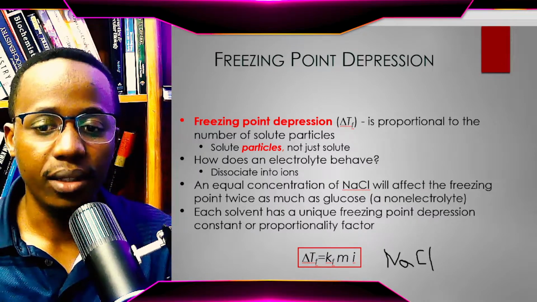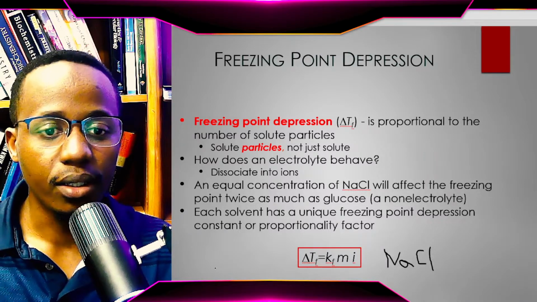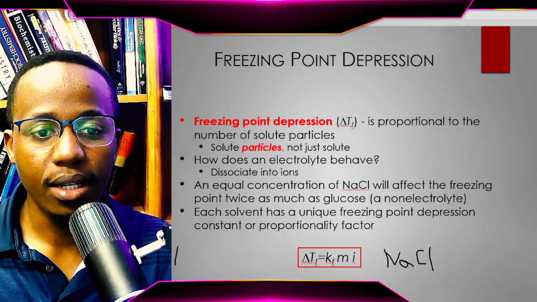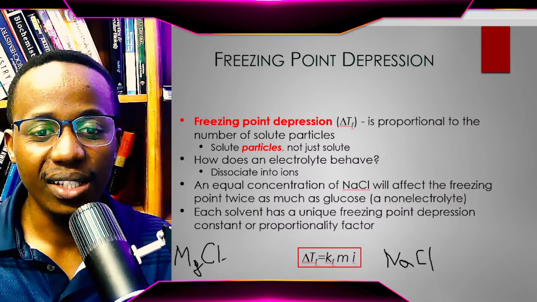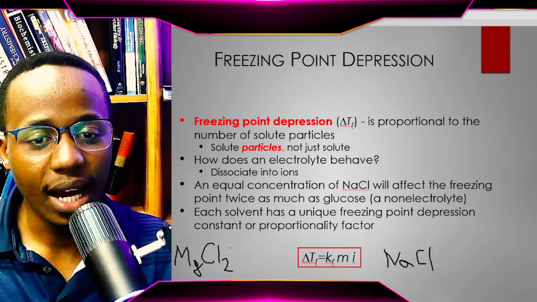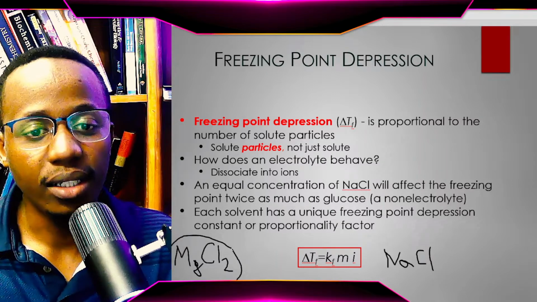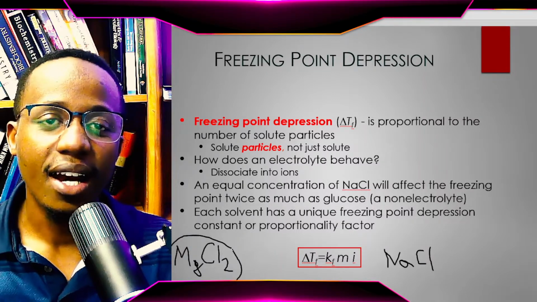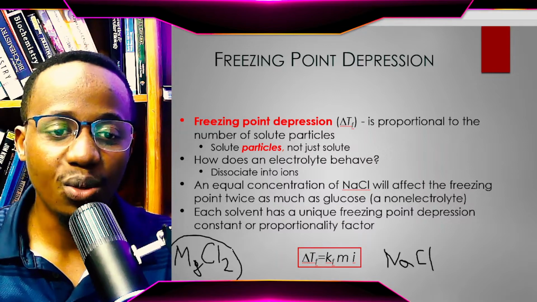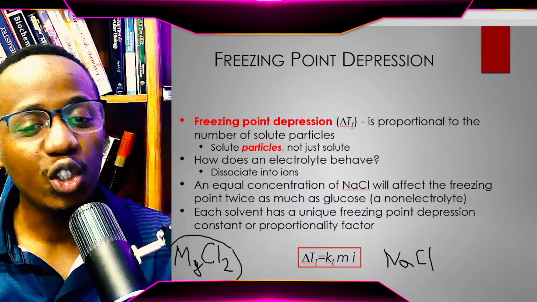And look at this. If we have, for example, magnesium chloride, MgCl2, how many ions are these? How many particles? Well, look at it. It's an ionic compound, so it's going to dissociate. And when it dissociates, it's going to give us 1 magnesium atom and how many chlorine atoms? 2, right?